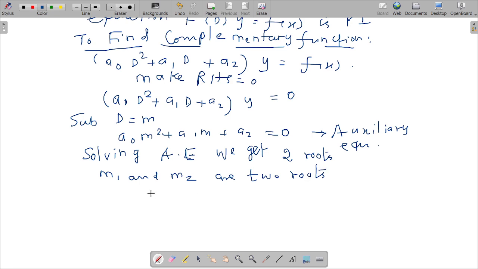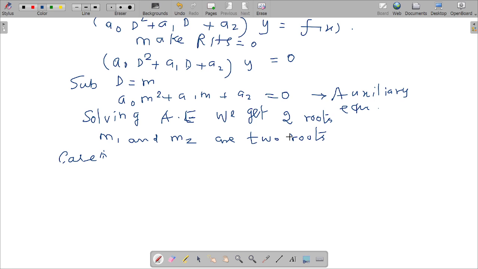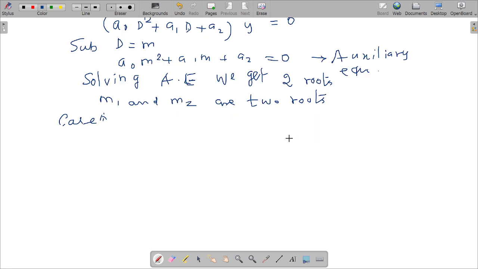To write the complementary function, there are cases based on the two roots.